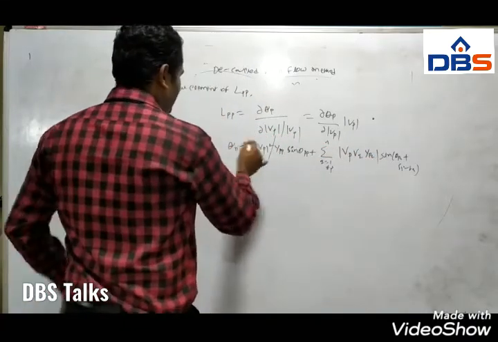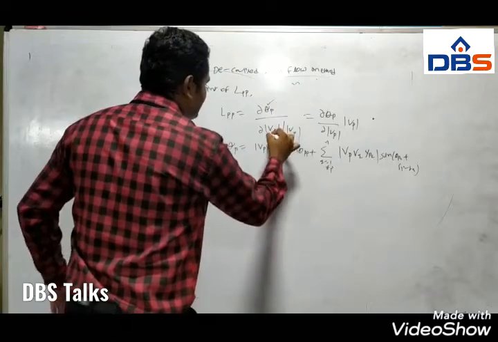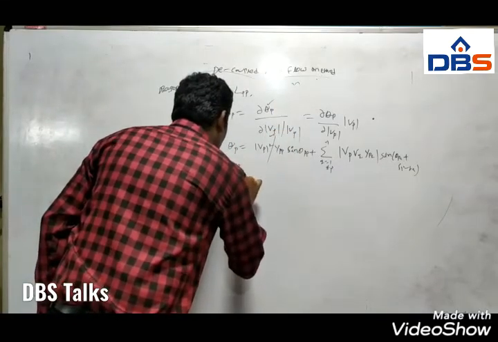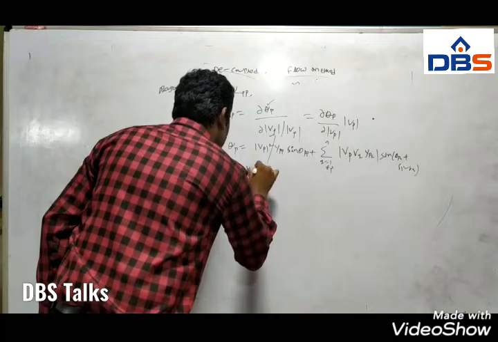So here we are differentiating reactive power with respect to voltage magnitude. So that gives ∂Qp/∂|Vp| into |Vp|.